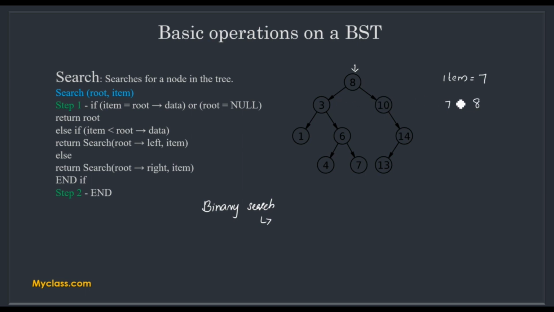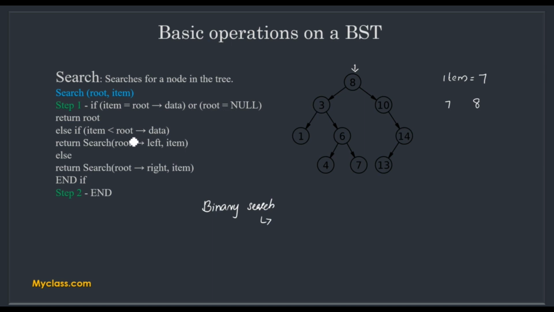If the item value is equal to the root data, then we have found the particular item, but in this case it is not true. If it is true, we return that root. Also, if root is equal to null, sometimes the BST does not contain anything, then we also return.